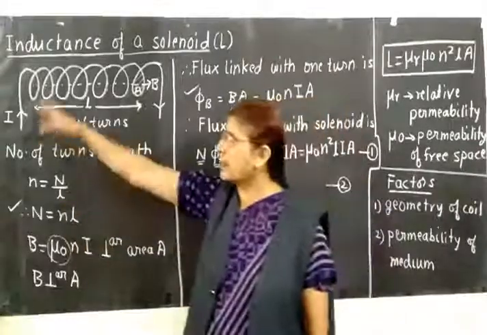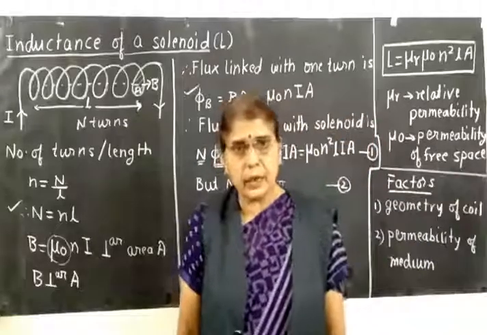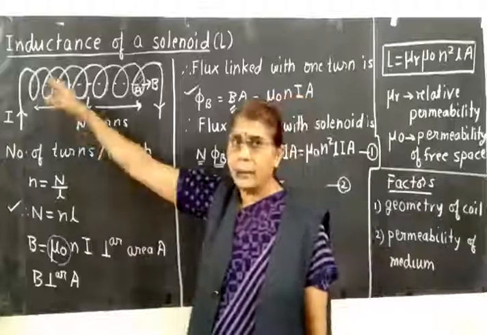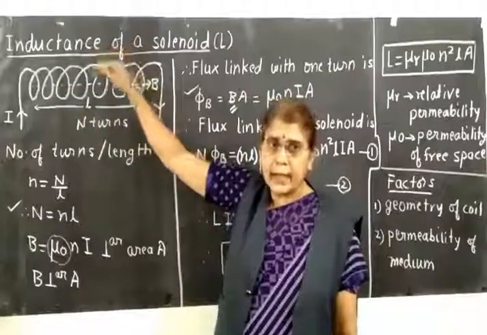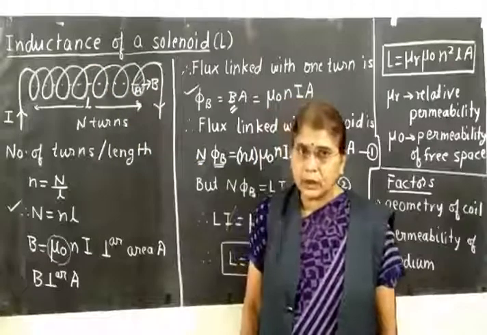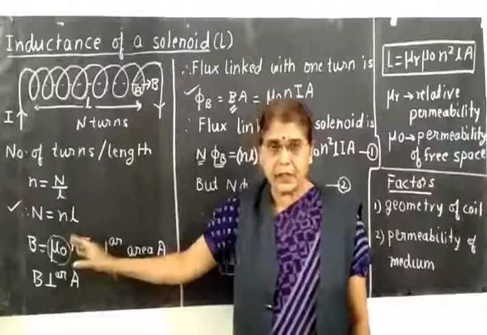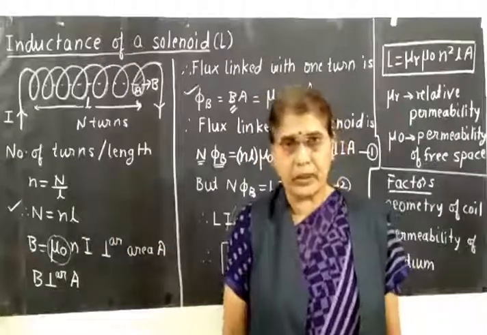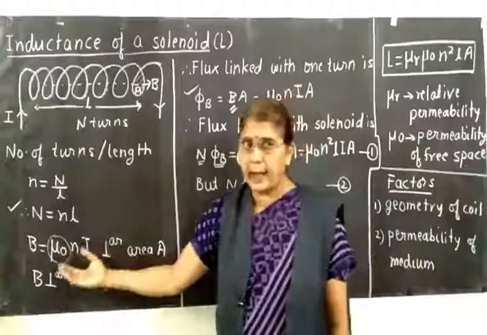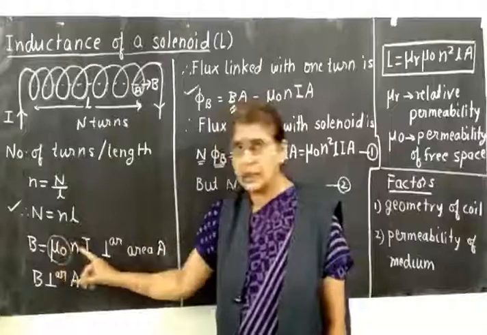Now let us pass a current I through the solenoid. So whenever you pass current through any conductor, magnetic field is produced. So here also a magnetic field is produced inside the solenoid, and this magnetic field produced inside the solenoid is given as mu 0 nI. This equation you will be deriving in the 4th chapter, that is magnetism and matter. So we are using this directly now, that is magnetic field inside the solenoid is given as mu 0 nI.